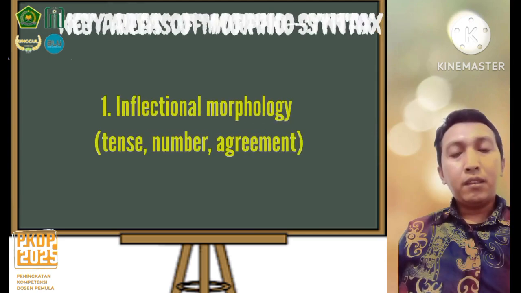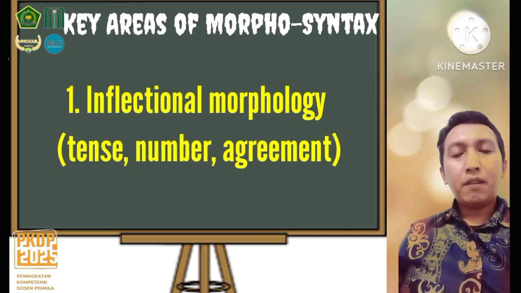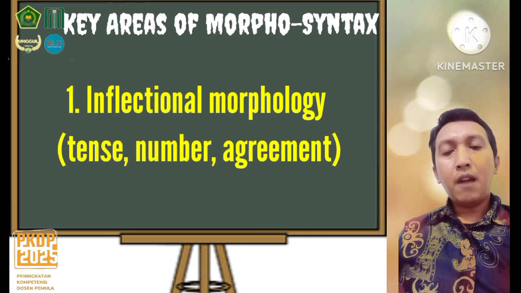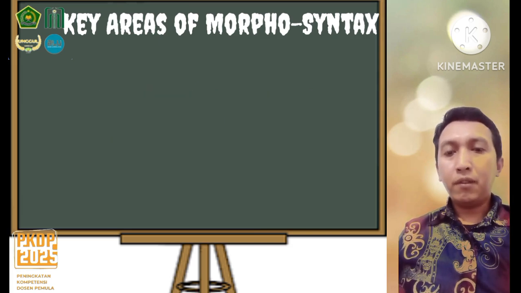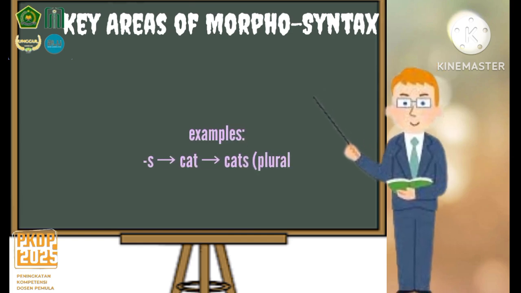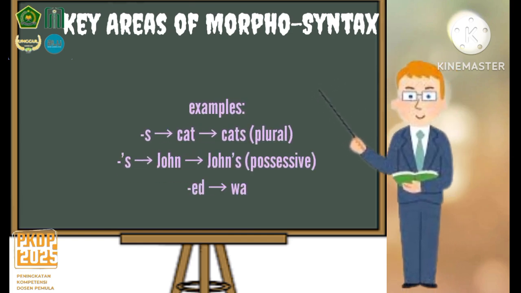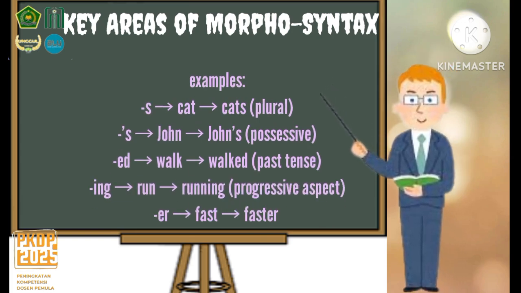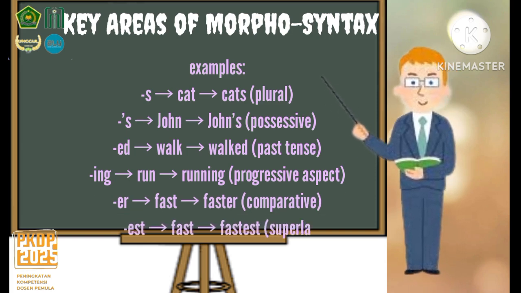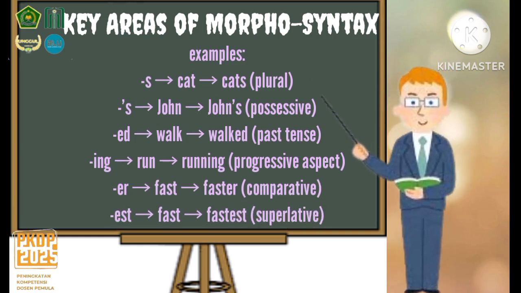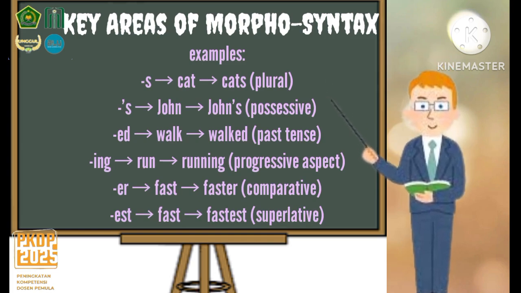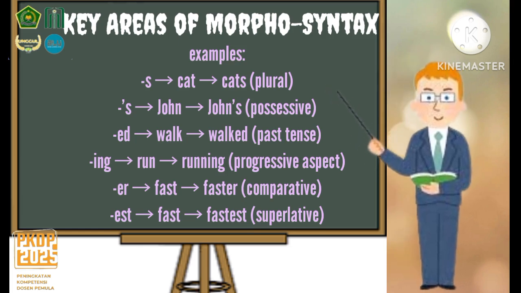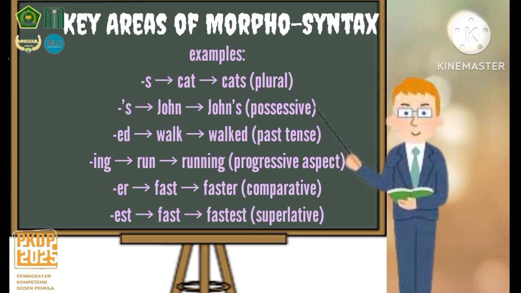The next discussion is the key areas of morphosyntax. The first key area is inflectional morphology. And here are the examples of inflectional morphology. The first one is cat becomes cats. Because there is more than one cat, it is added with the suffix s, which signs the plural form.